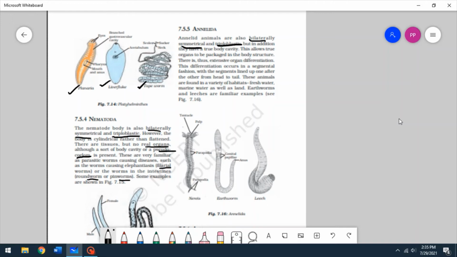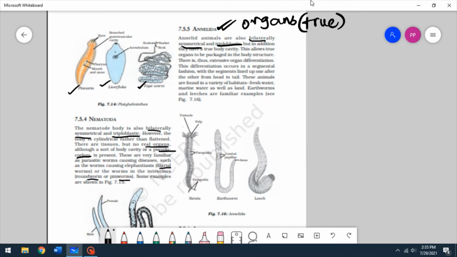So this allows well-defined organs to be packaged in the body structure. Thus, there is extensive organ differentiation. So from Annelida onwards, we have true organs, alright? True organs from Annelida to the rest of the animal kingdom.